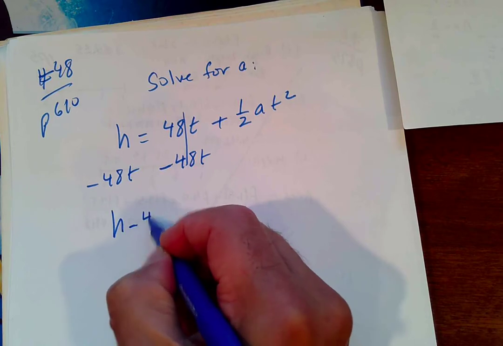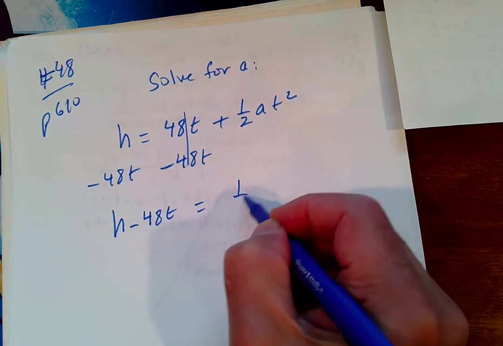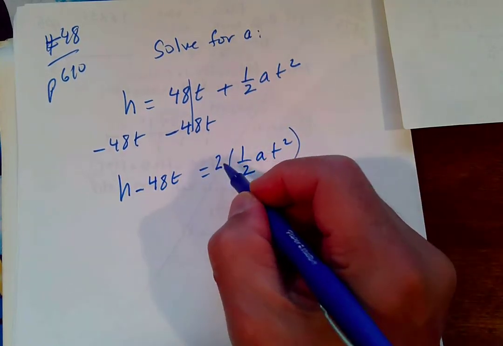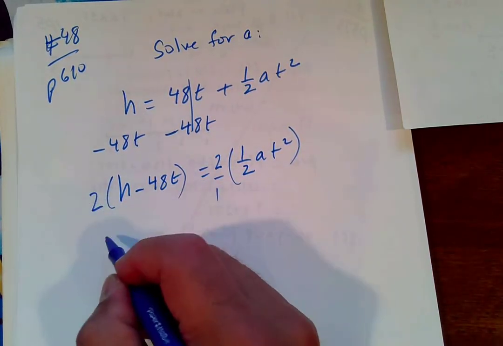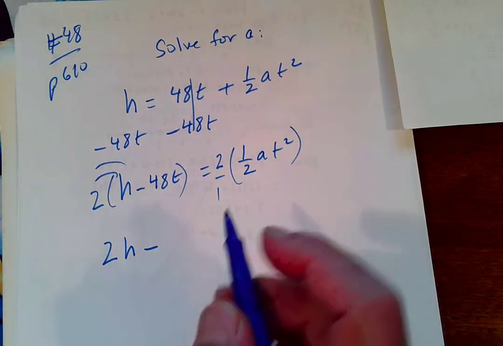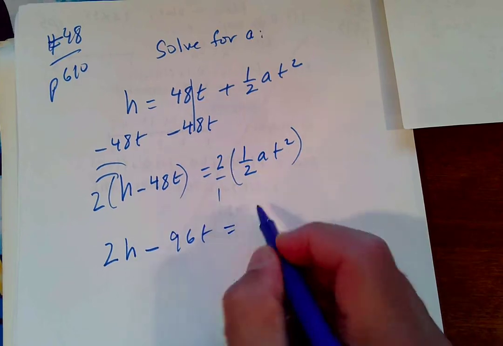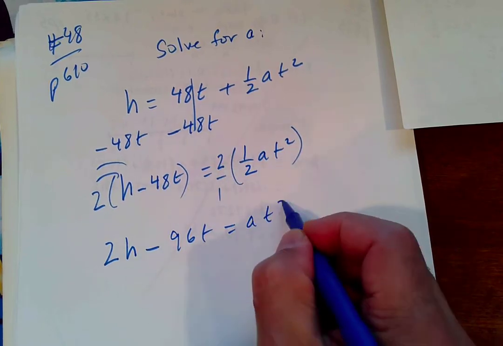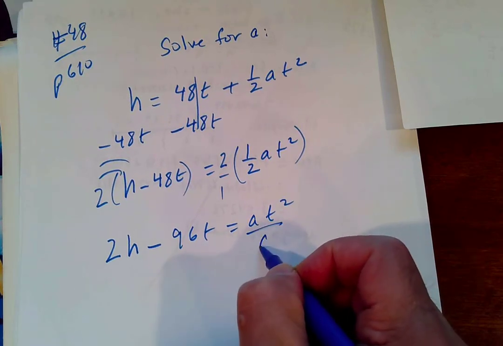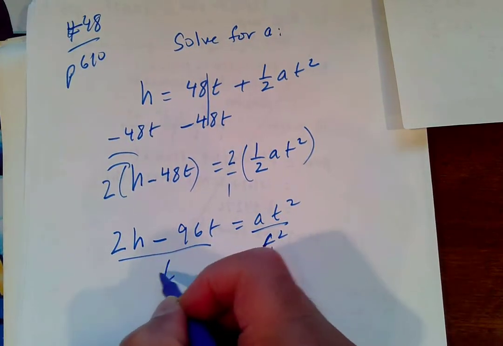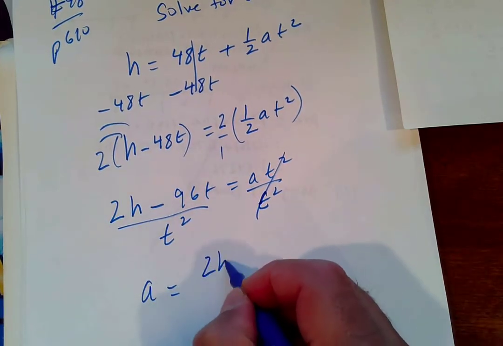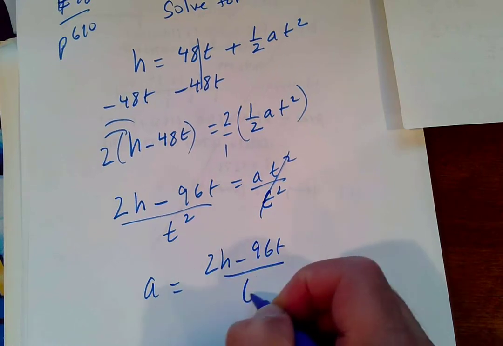So h minus 48t equals 1/2 at squared. And then times by 2 to get rid of the 1/2. So we get 2h minus 2 times 48 is 96t. 2 times 1/2 is 1, at squared. And since I want to isolate A, I gotta get rid of t squared, so divide by t squared. And we get A equals 2h minus 96t over t squared.